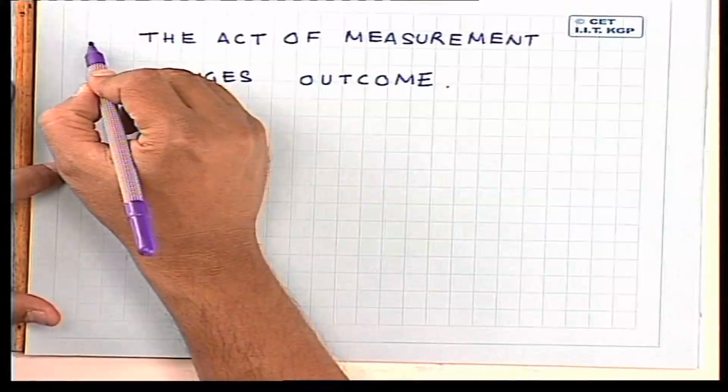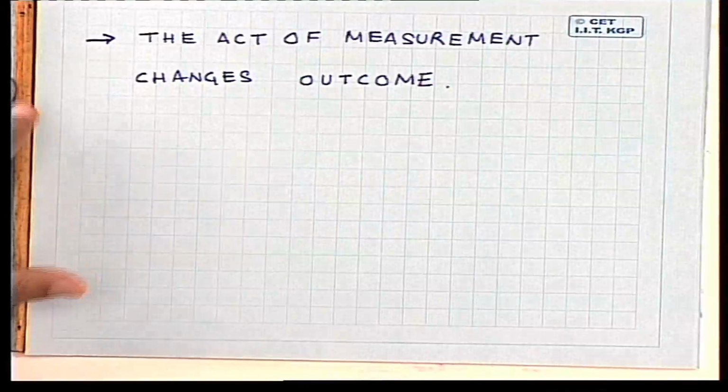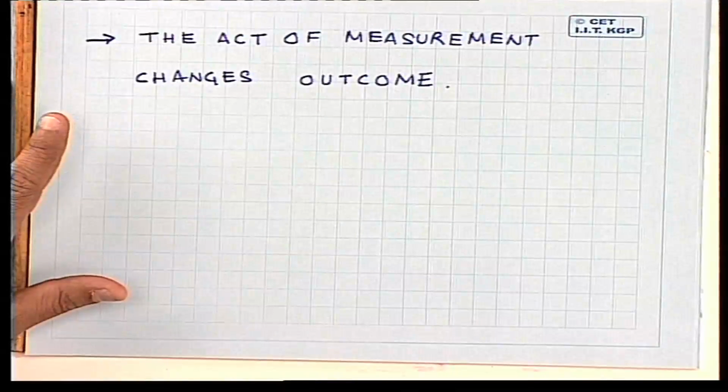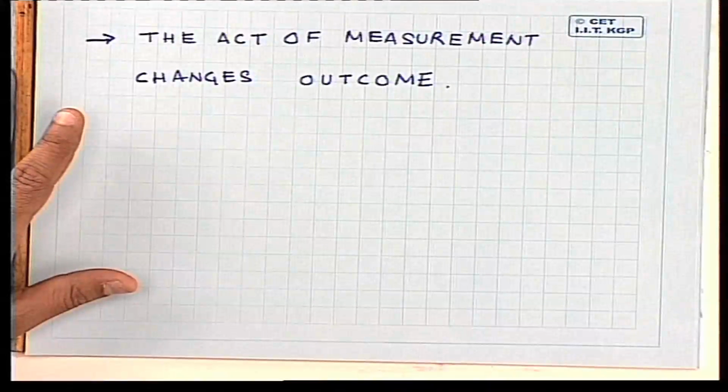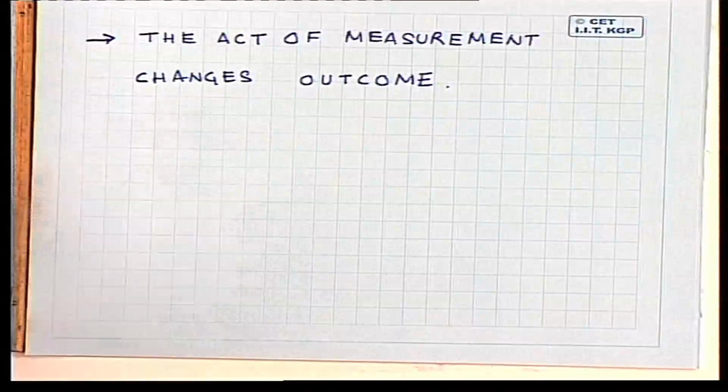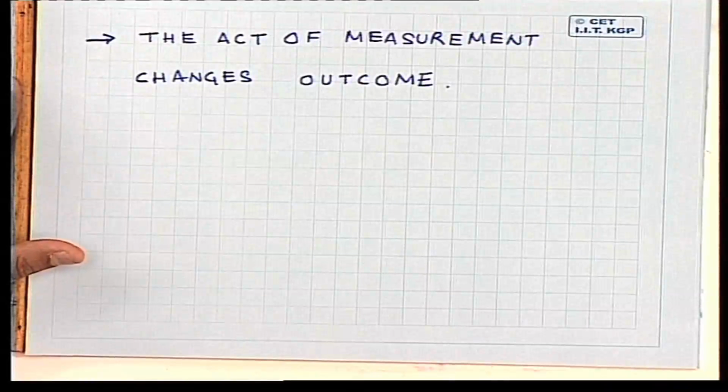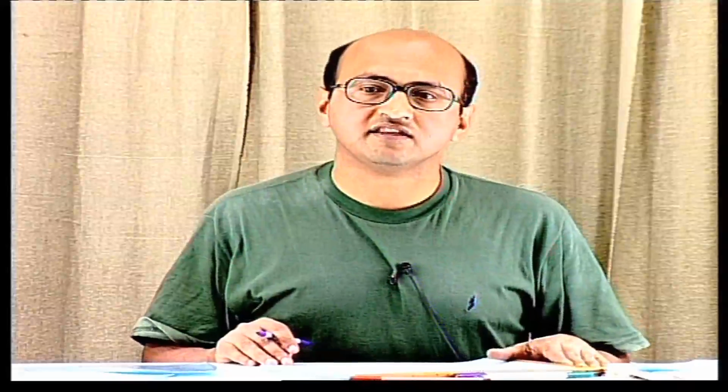This is something totally new which we don't have in classical mechanics. In classical mechanics, for a particle in motion, in principle you are free to measure its position and momentum as frequently as you like without making any change at all in the outcome. But when you go to the microscopic world, the fact that you have made a measurement changes the outcome of the experiment.